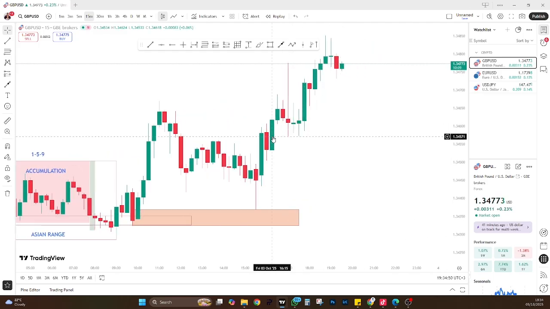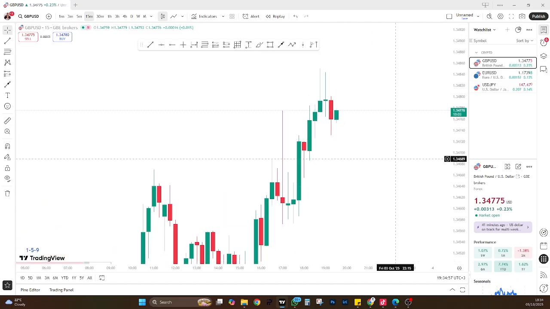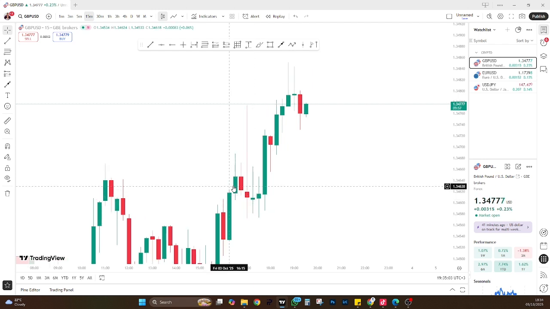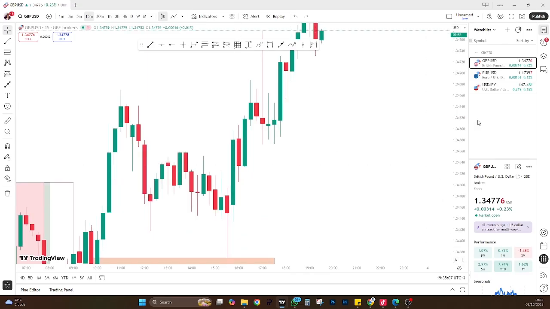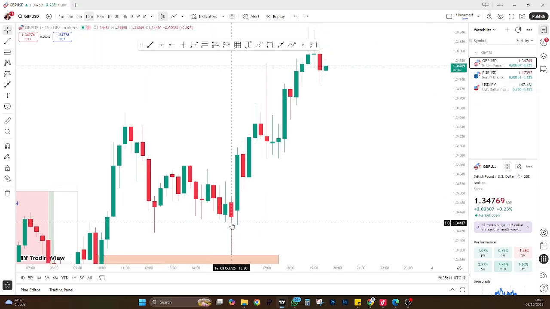Go to exactly 4:30. Sometimes it does happen, sometimes it doesn't, depending on the volatility of the market. Go to 4:30. It is exactly at 4:30 that the main move happens. So if you did not catch this move here, you can wait for it here at 4:30.